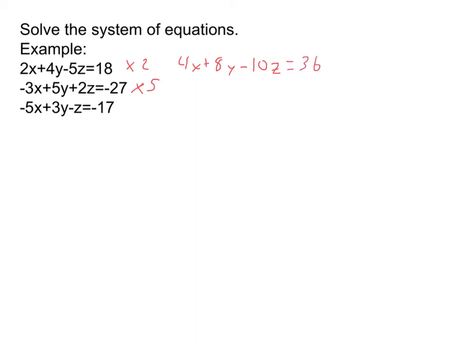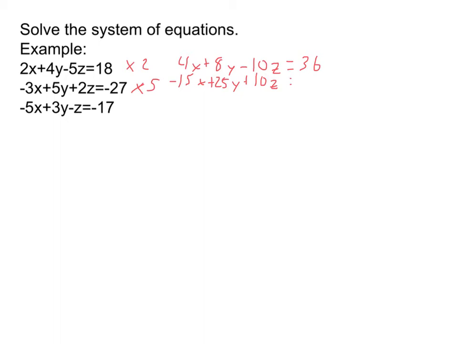If I multiply the second equation by 5, I get negative 15x plus 25y plus 10z. Good, my z's are opposite, but the same coefficient.